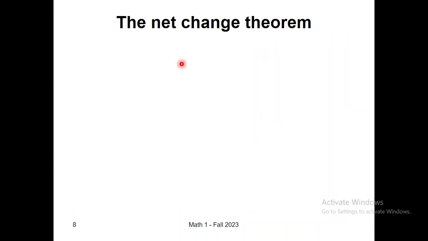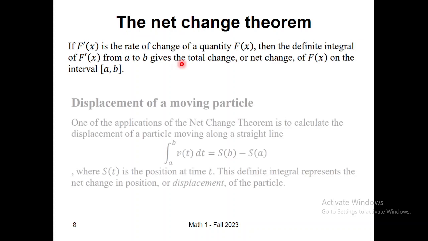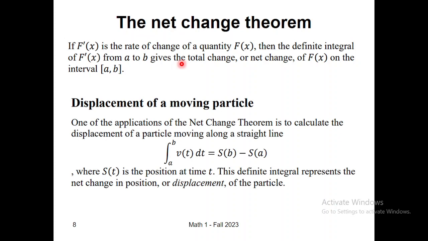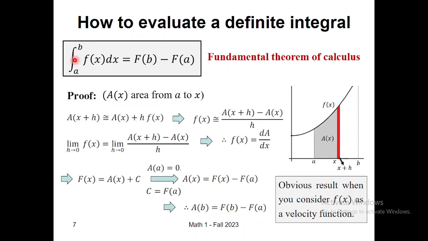Now we can also consider the fundamental theorem of calculus to represent what's called the net change theorem. It can be described if you consider this result, the fundamental theorem of calculus, again.